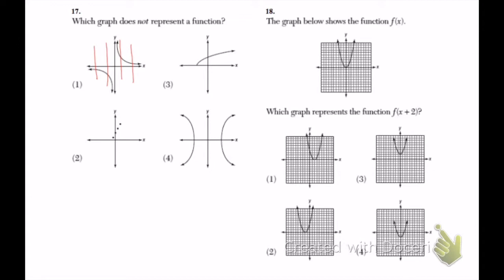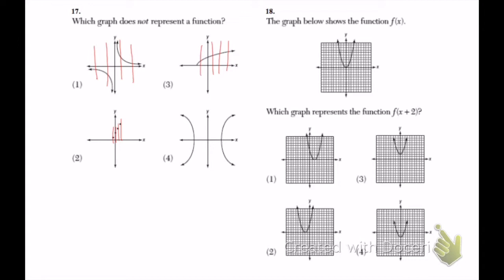If I try choice 2, again, every x only has one y. For this one, maybe a little confusing, but they're just points. And again, if I draw lines through the points, there is not one x value that has multiple y values. Okay, now this is where we start to understand where there might be a problem.